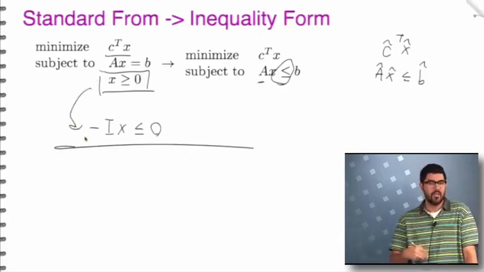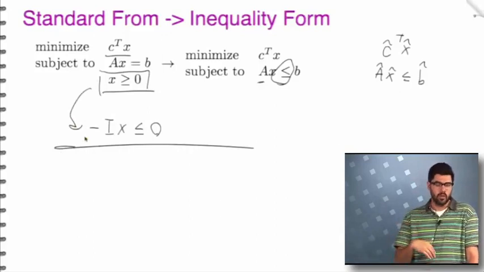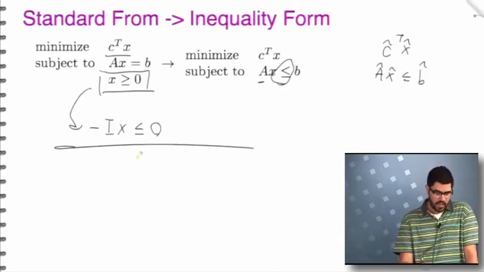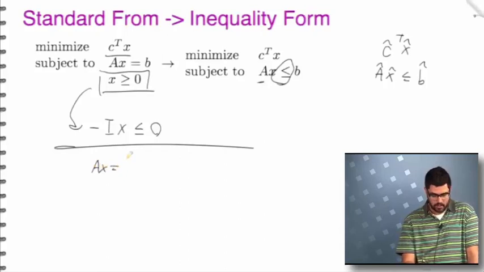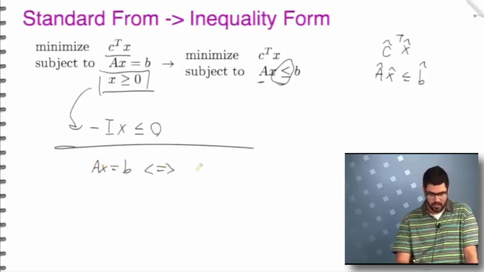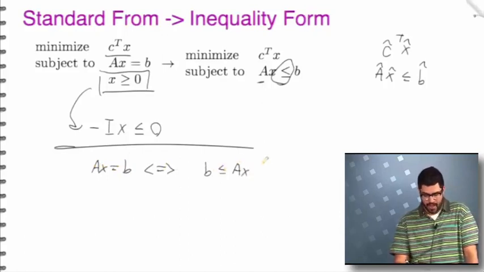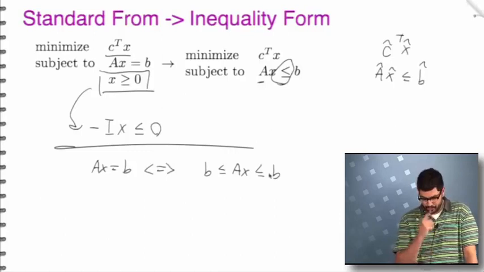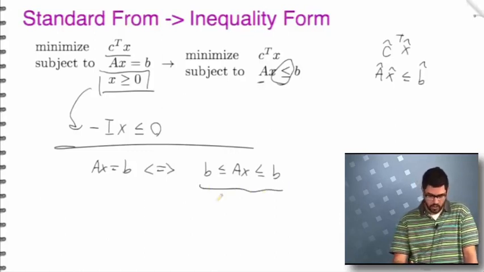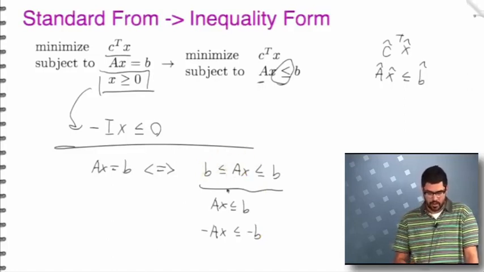Now the AX is equal to B as an equality. How do we change that to inequality? Well, if I say AX is equal to B, I think you would agree that's the same as AX is greater than or equal to B and AX is less than or equal to B, giving you two inequalities: AX is less than or equal to B and minus AX is less than or equal to minus B. That comes from AX being greater than B, and to flip the greater than to a less than, I just multiply by negative.